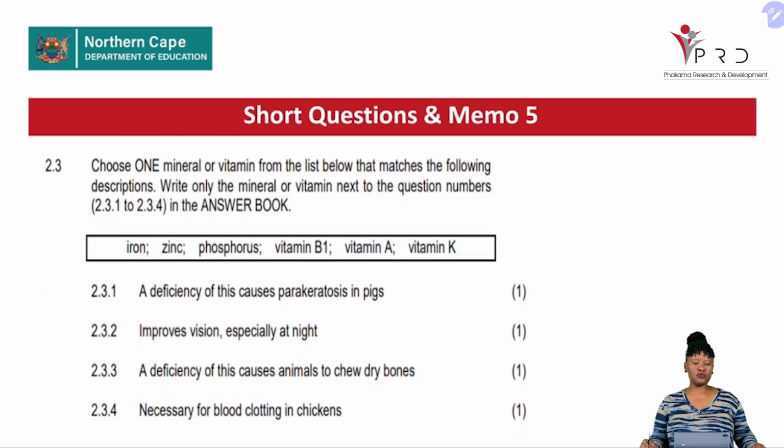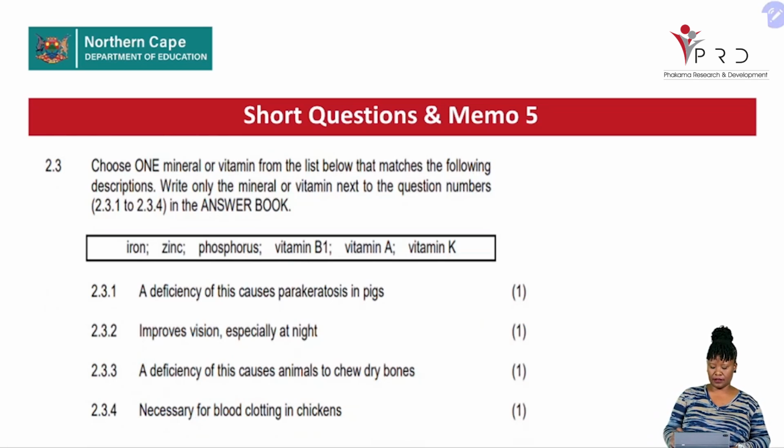Therefore, you are asked to choose the one that matches the description. A deficiency of this causes parakeratosis in pigs. It causes parakeratosis in pigs.